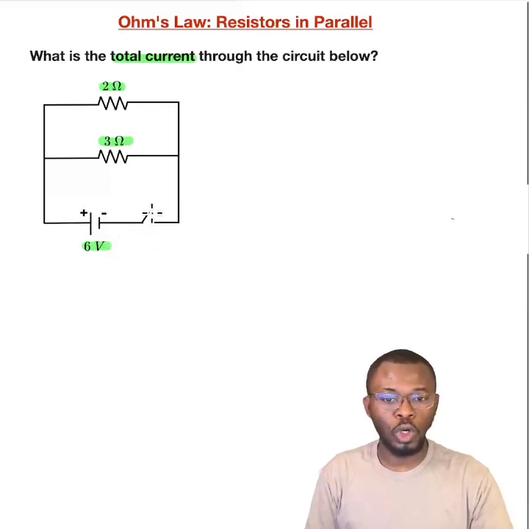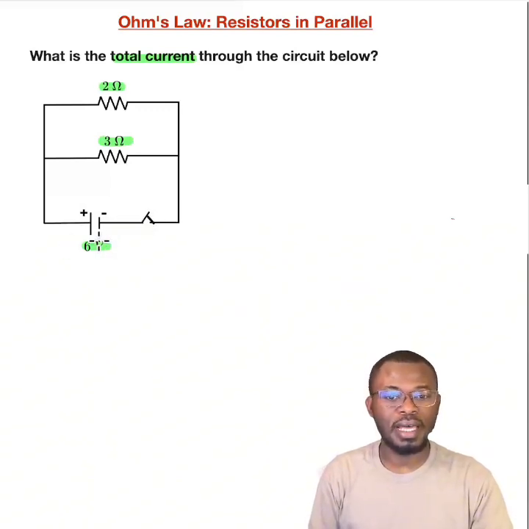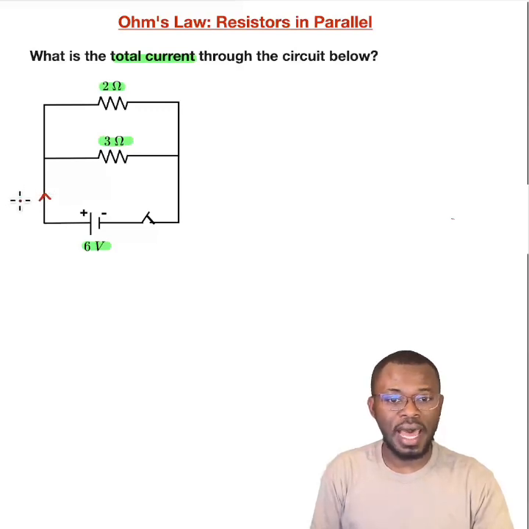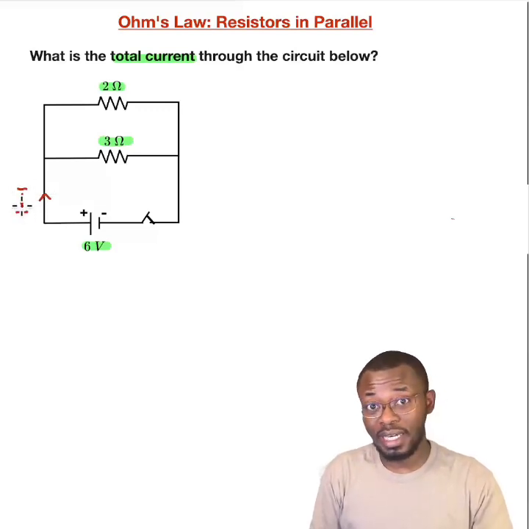Upon closing this key, current is going to flow from the positive terminal, that is the terminal with the higher potential, to the terminal with the lower potential. Therefore, the current runs from the positive terminal, which is conventionally the direction of the current. Let's call this current I. This I is the total current.